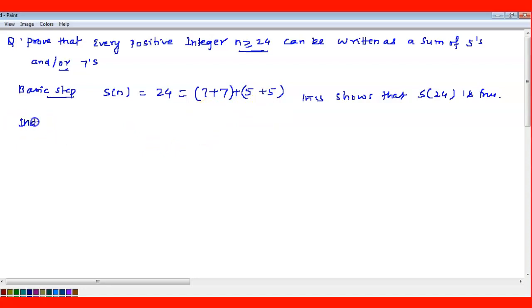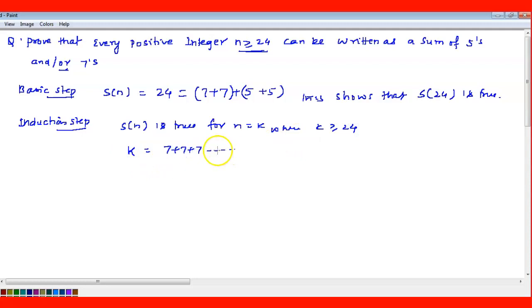Next is the induction step. In the induction step, we'll assume that Sn is true for n equal to k, right? Where this k is greater than or equal to 24. So k values greater than 24 we can write as a sum of 7s and a sum of some 5s.